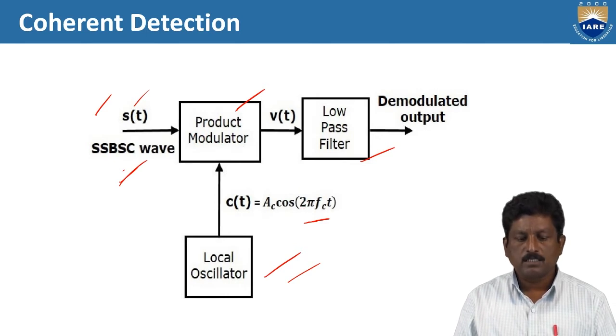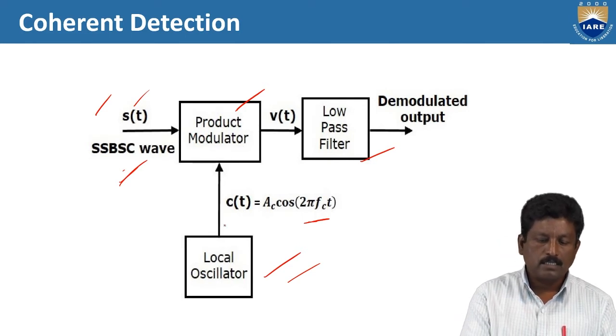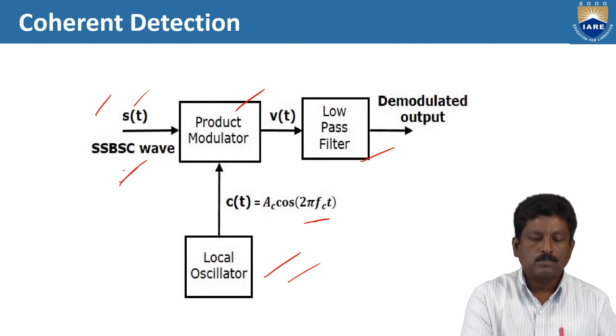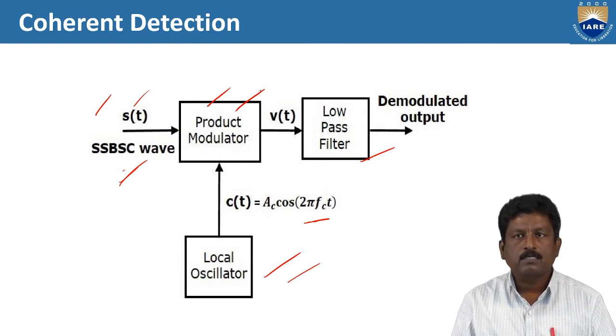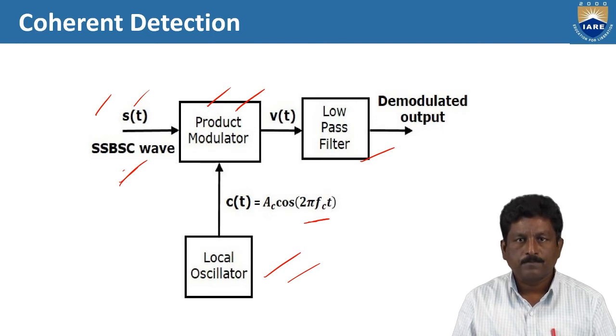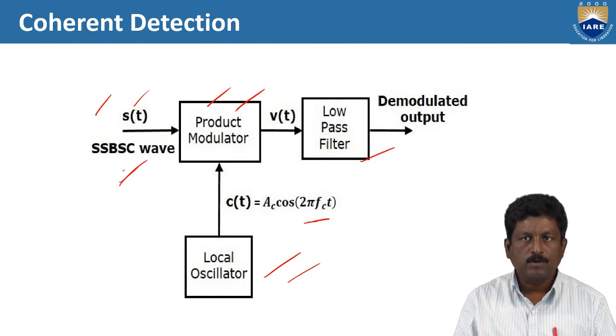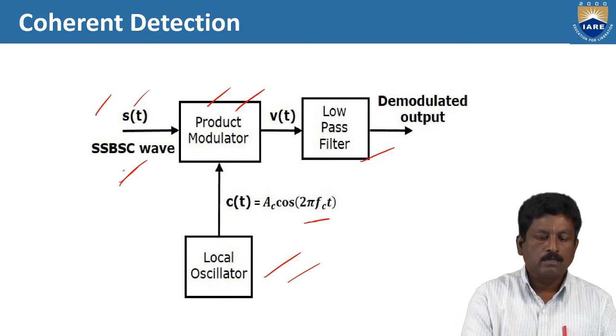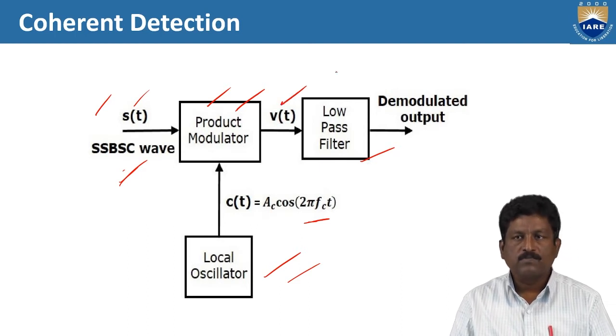Both input signals, the received SSB modulated wave S of t and the carrier signal from the local oscillator, are given to the product modulator. What is the product modulator? It generates the product of the given input signals, which is indicated by V of t.